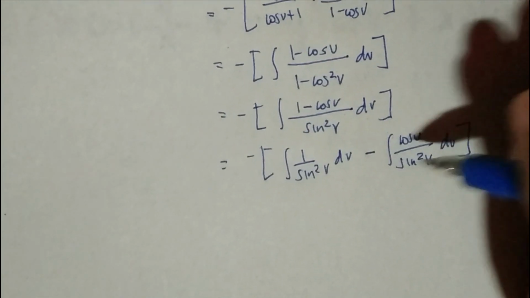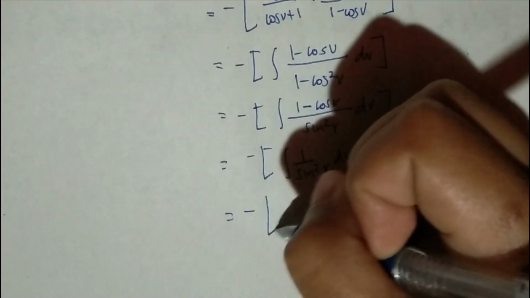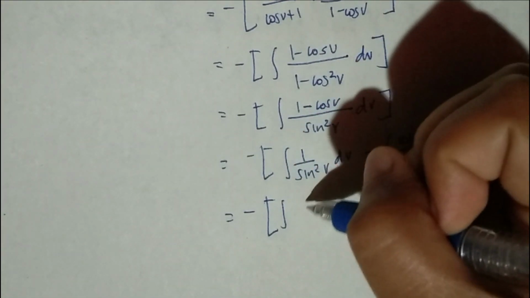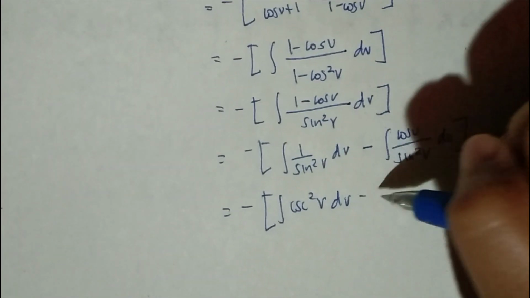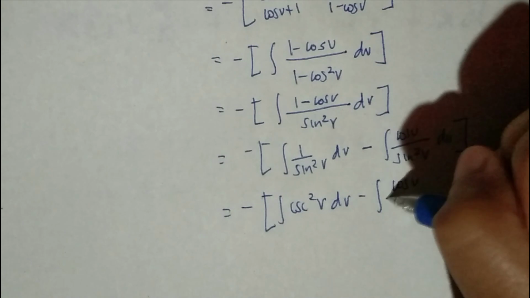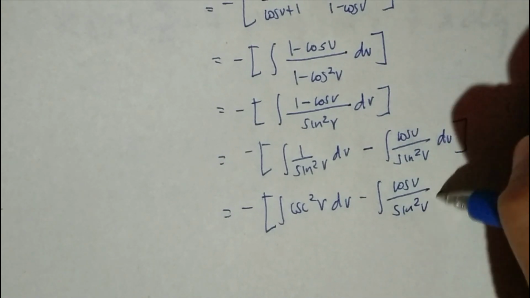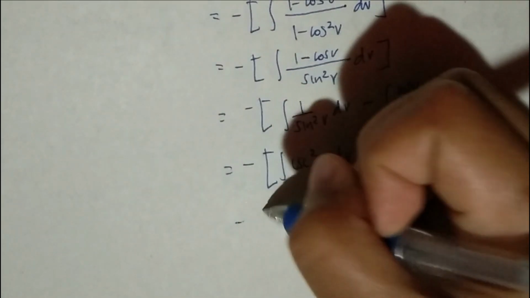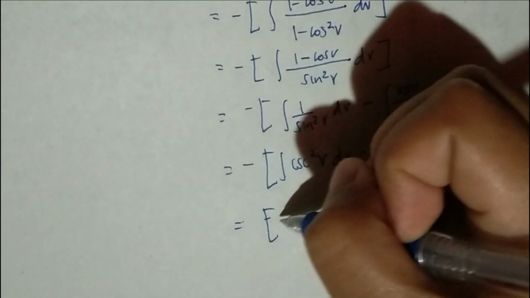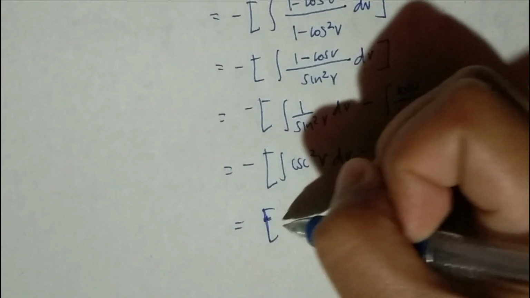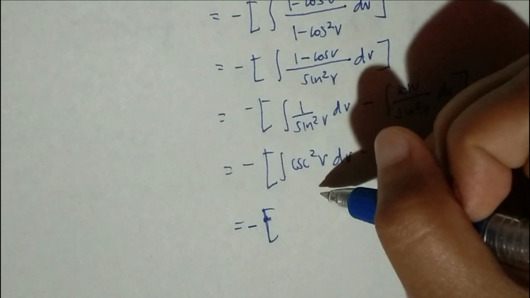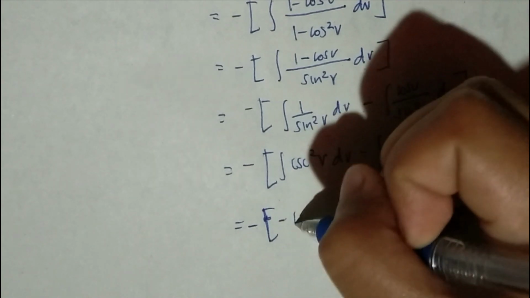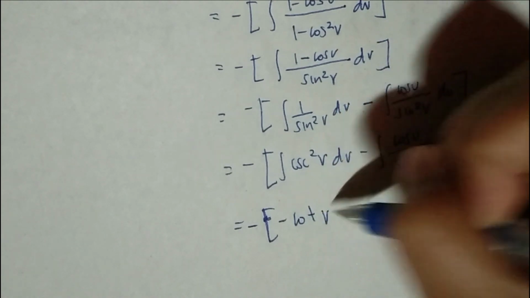We know that 1 over sine squared v is cosecant squared v, and the integration of cosecant squared v is actually negative cot v.